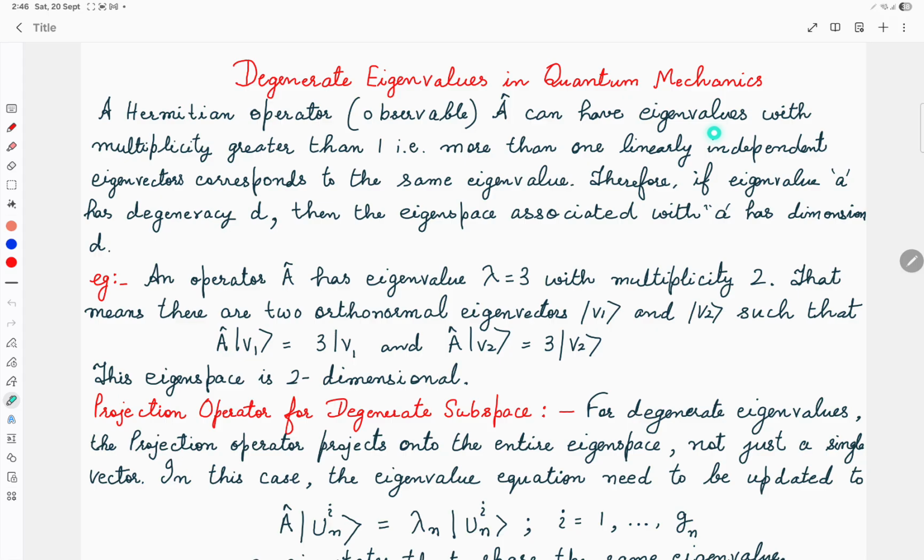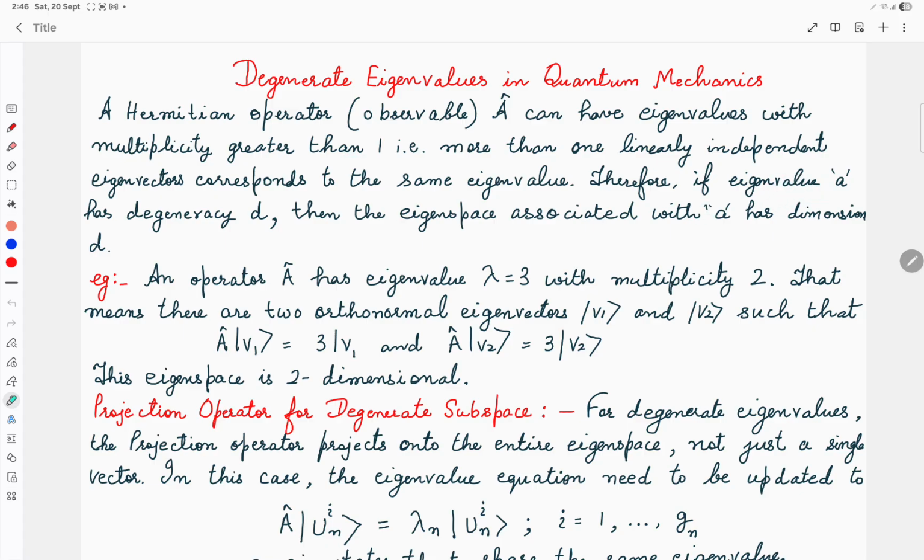So if an eigenvalue has more than one eigenvector associated with it, that will be termed the multiplicity. That is why I am saying the eigenvalues will have multiplicity greater than 1. That means more than one eigenvector is associated with an eigenvalue.